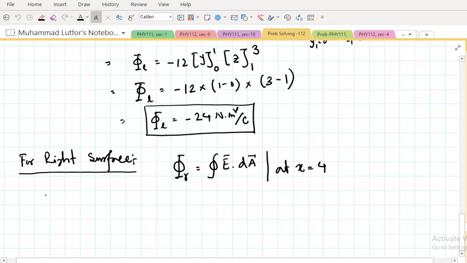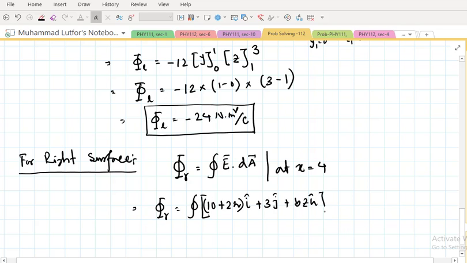Fine. Now I can write, so this phi r in that case would be (10 plus 2x) i hat plus 3 j hat plus bz k hat, dot dA towards the right surface.